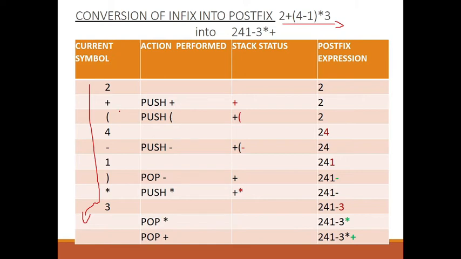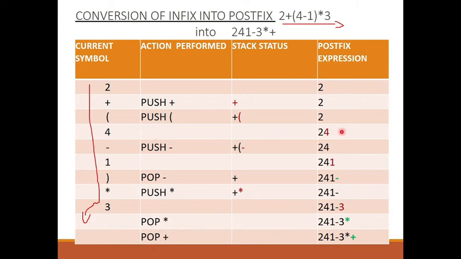Now let's go back to what we have here. Push plus, so there we have the stack. Now we'll be pushing again the open parenthesis, so the content of the stack now is 2 items, the plus sign and the open parenthesis. Now we have here 4, which is not an operator.